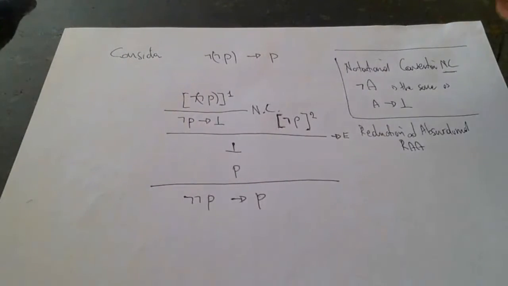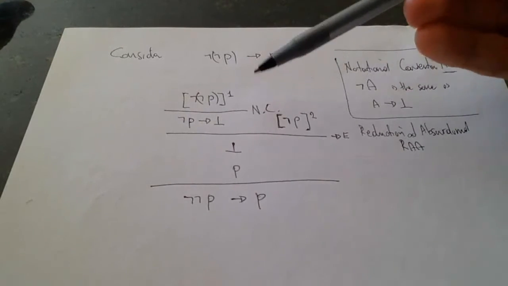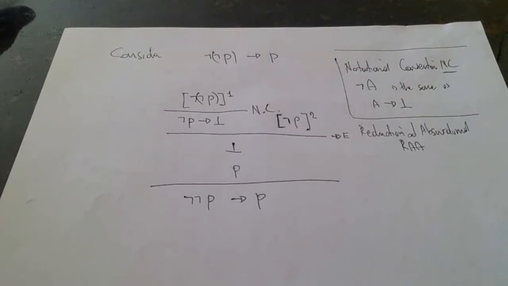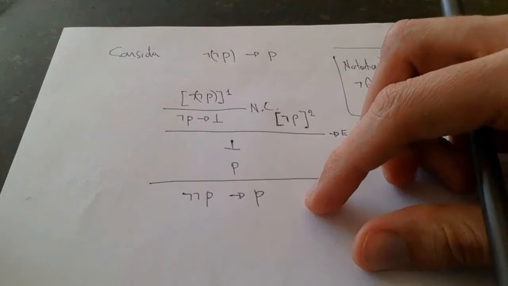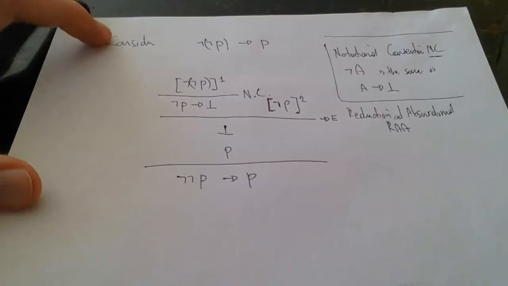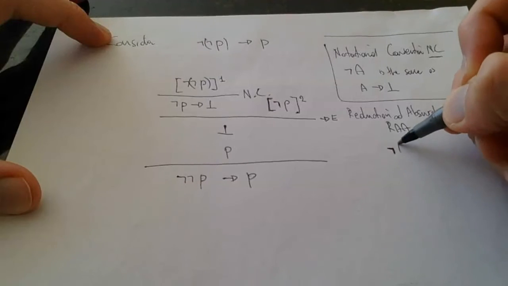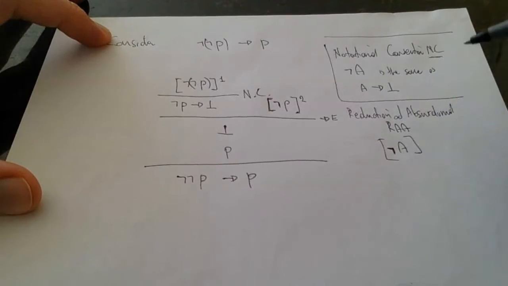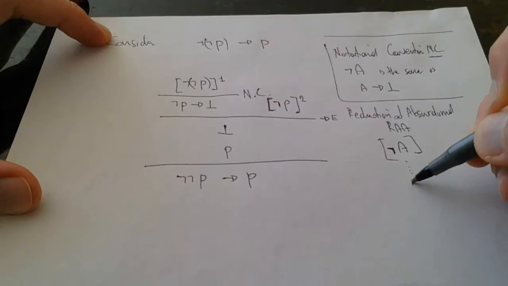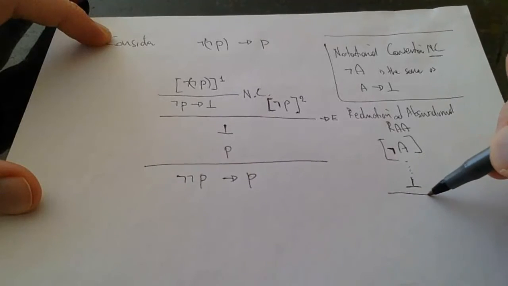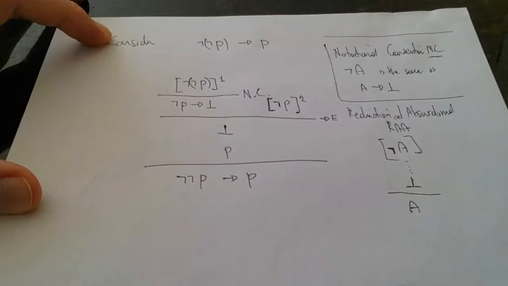What we've done here is precisely that: we have arrived at the contradiction. I created a situation by assuming not P such that it got me a contradiction. The rule of reductio ad absurdum functions in the following way. If you assume a formula of the shape not A, you go through your derivation and you get a contradiction, then you can say A.